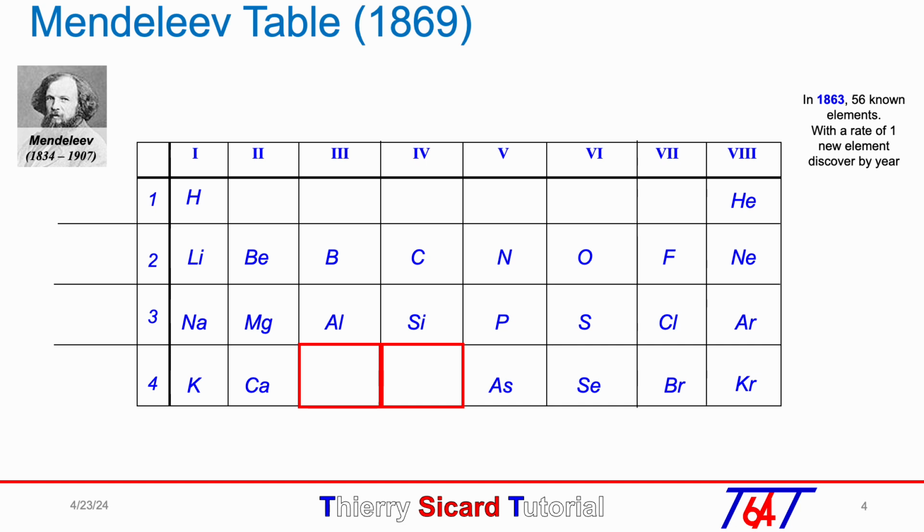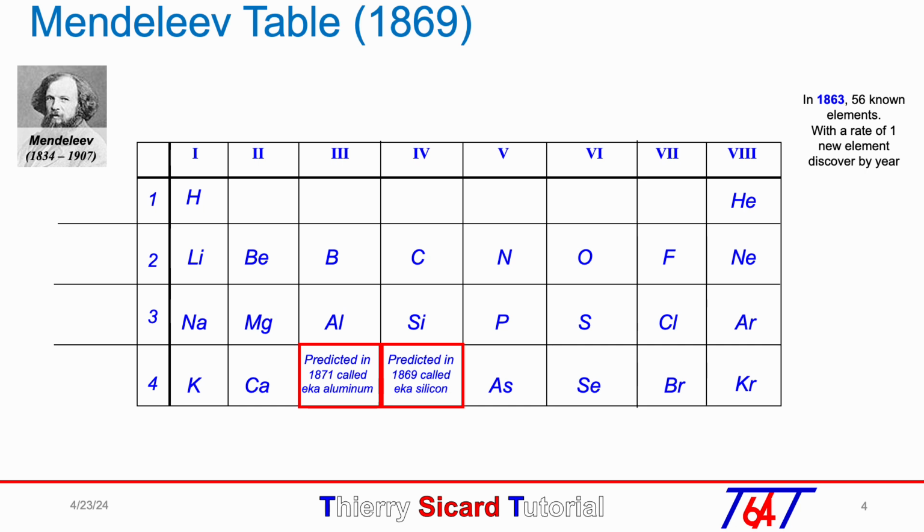For example, the element below silicon, predicted in 1869 and called eka-silicon, and the element below aluminum, predicted in 1871 and called eka-aluminum.